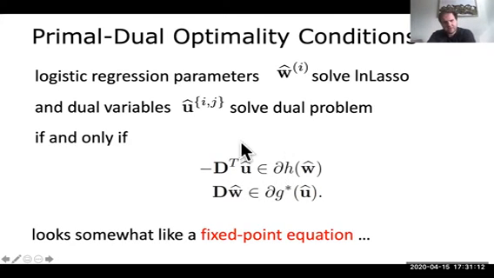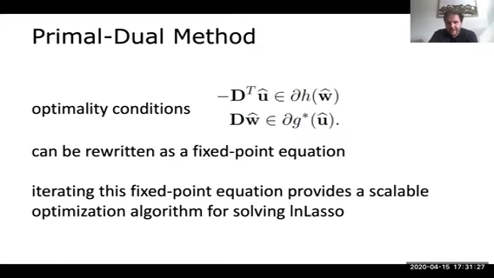And this already looks somewhat like a fixed point equation. The only difference is that here we have the element-of operator instead of equality. But still, formally, it looks similar to a fixed point equation. And actually, it can be reformulated in a precise sense as a fixed point equation.